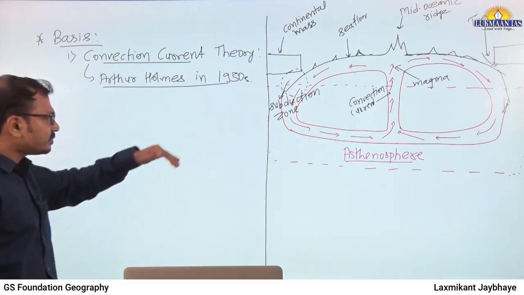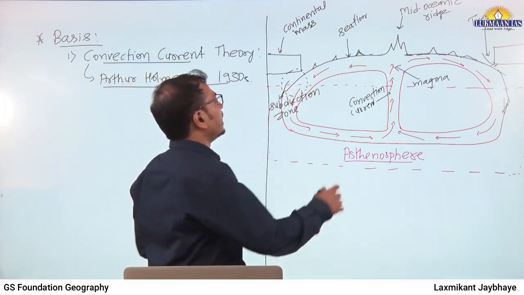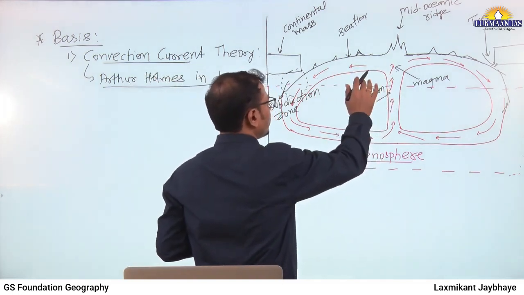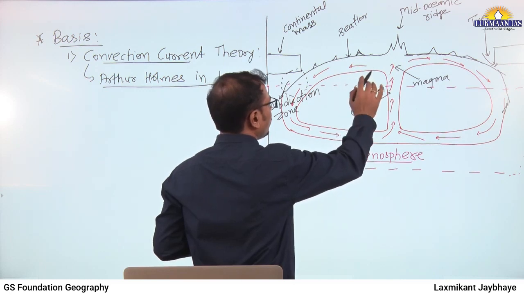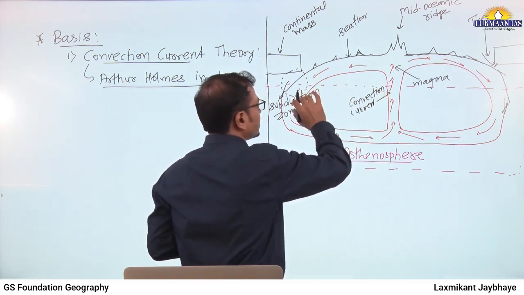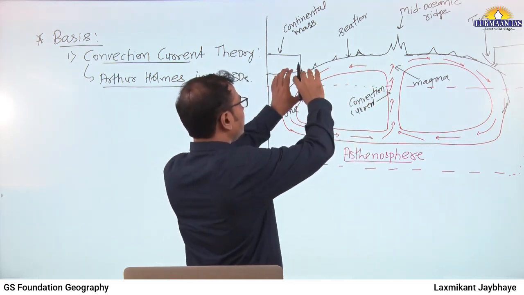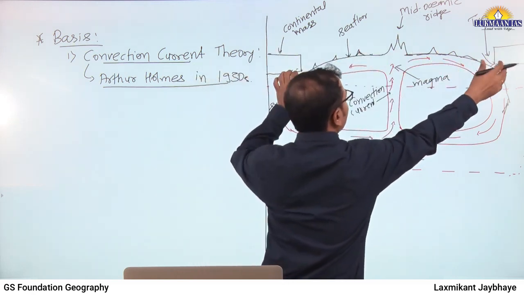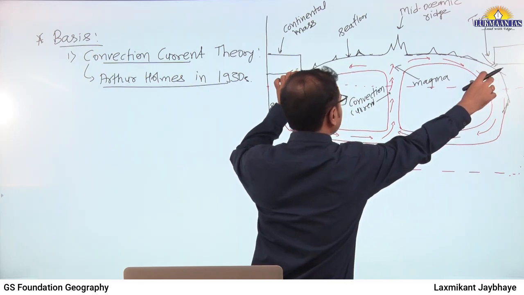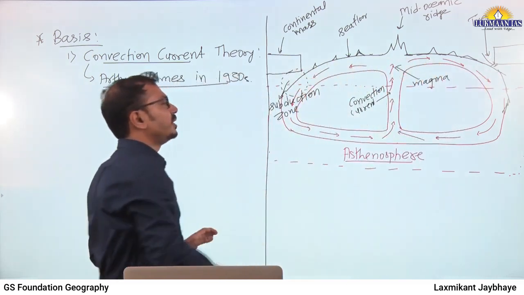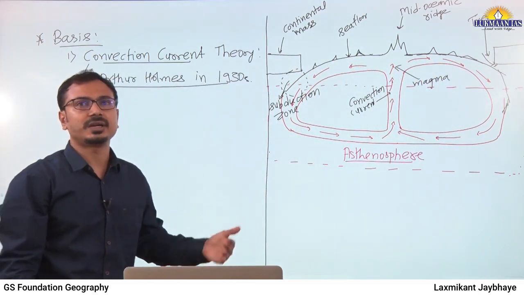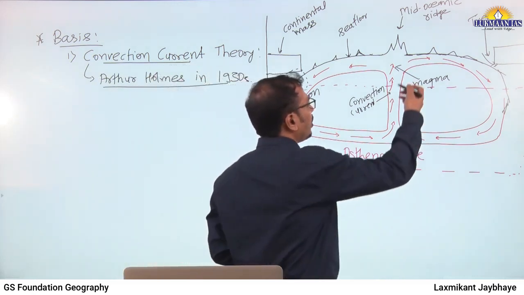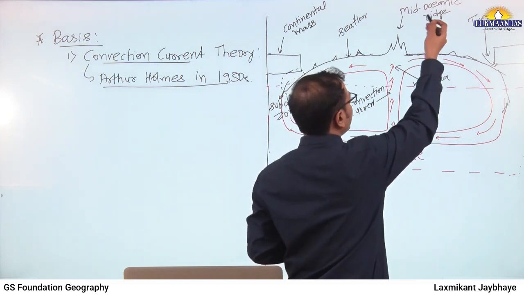Now we can see here that at some places on the ocean floor, whenever there is a boundary between the continental mass and the ocean surface, some kind of subduction of the oceanic crust is happening, and new crust is being formed in the mid-oceanic region.